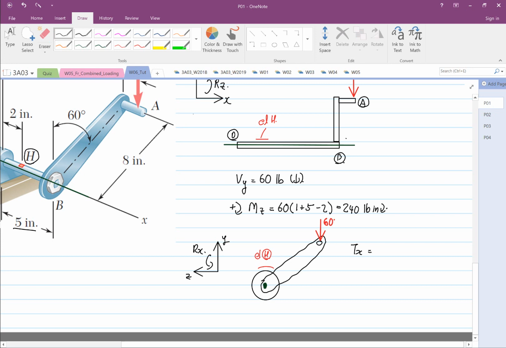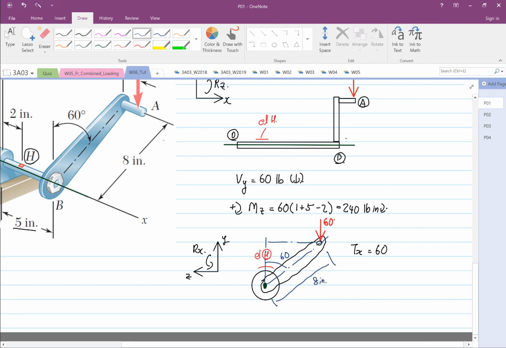will be equal to 60. So the perpendicular distance, we are aware that we have a perpendicular distance. What we have over here is 60 degrees, and the distance from here to here is 8 inches.